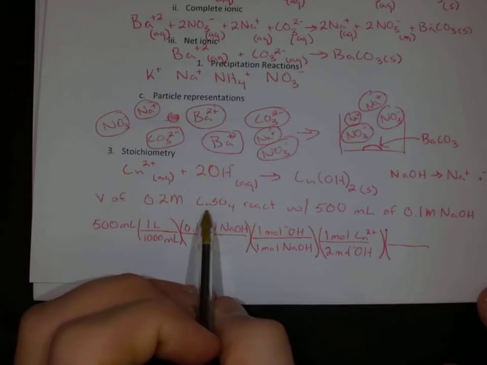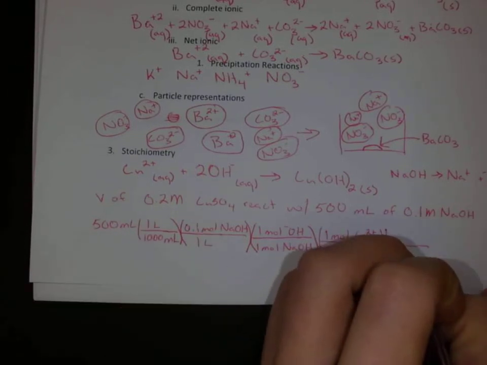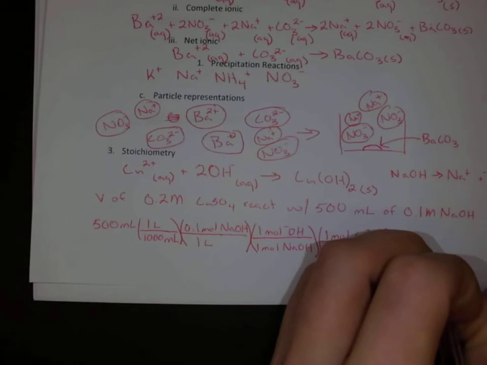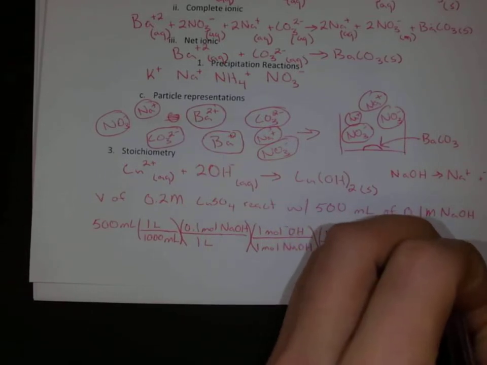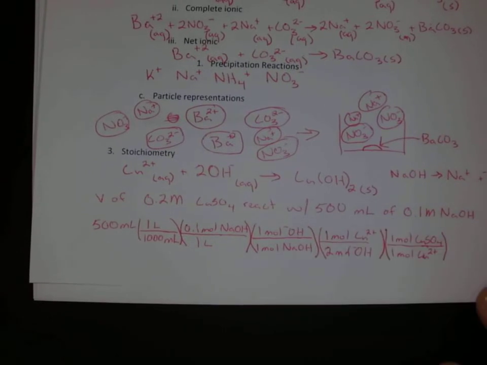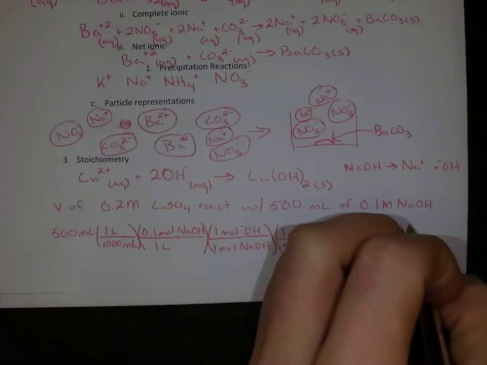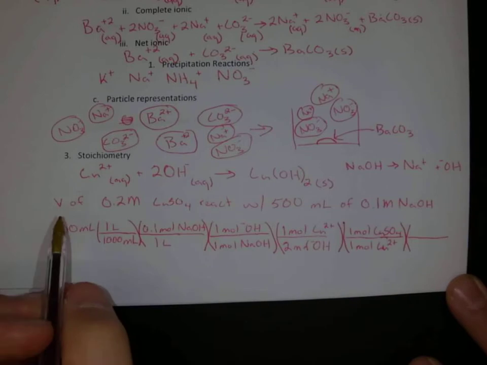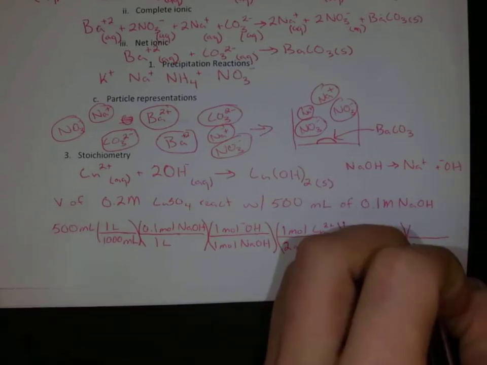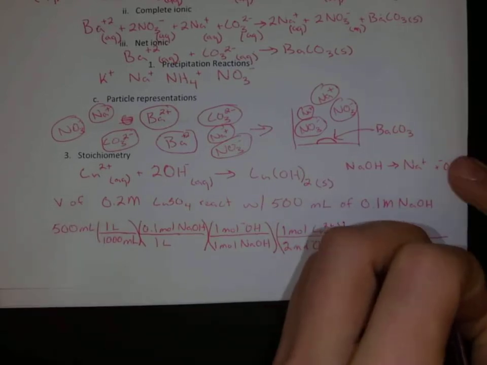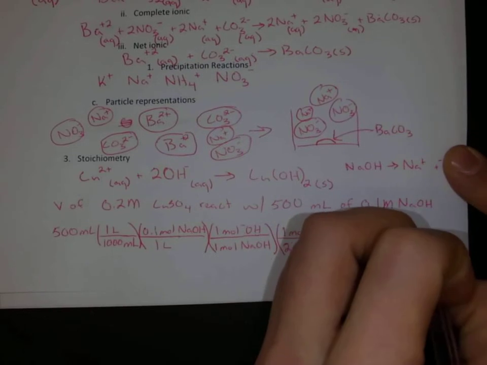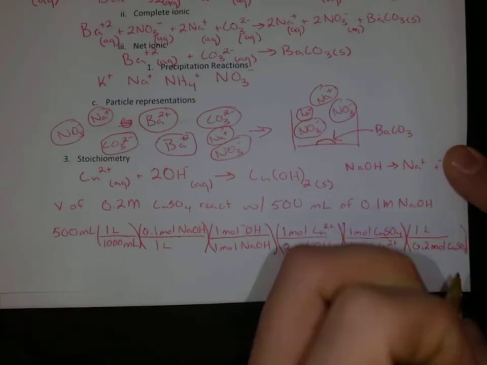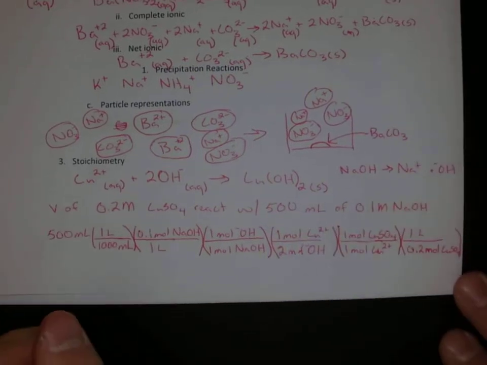I have 1 mole of Cu2+ coming from 1 mole of copper sulfate. And then my last piece is going to be getting to my volume, and I say, well, I have 0.2 moles of copper sulfate. Well, I'm just going to barely fit it on here per 1 liter.